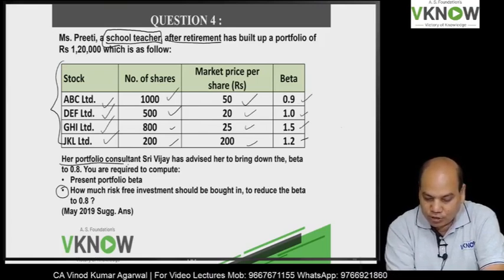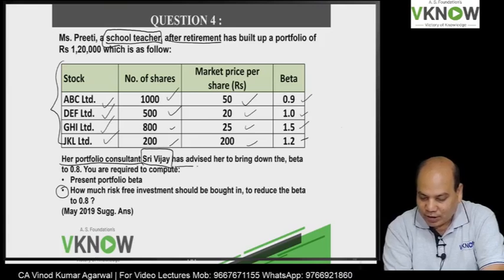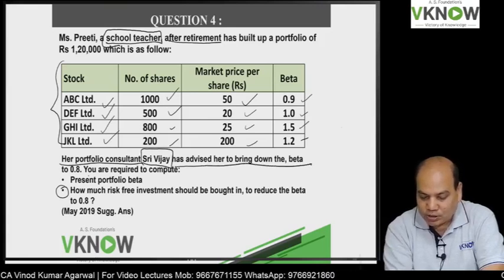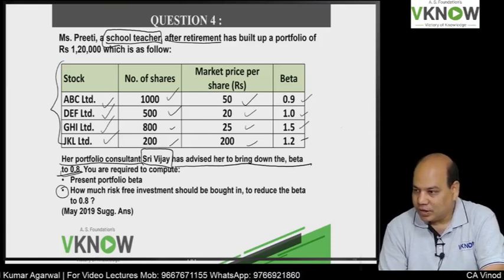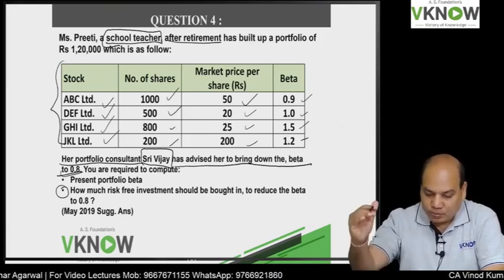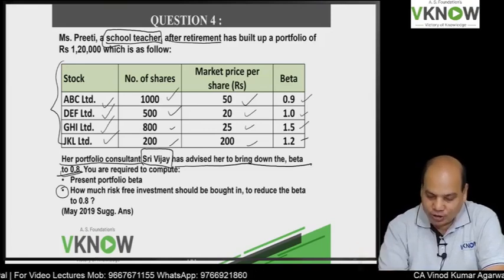Her portfolio consultant, Sri Vijay, has advised her to bring down the beta to 0.8. So you have to bring down the portfolio beta, whatever it is right now, to 0.8.